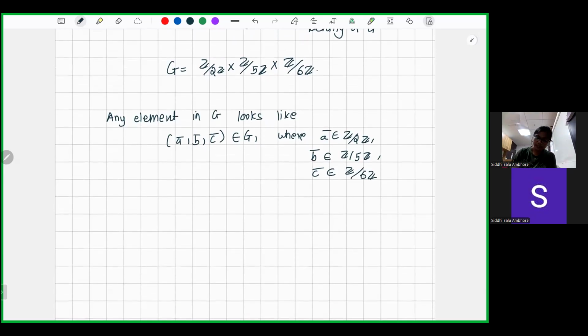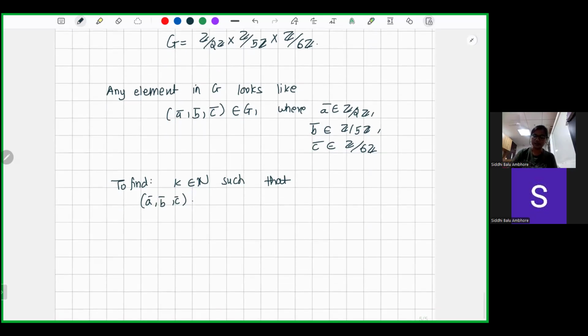We have to find K in N such that (a bar, b bar, c bar) to the power K, which is group addition here since we are in an additive group, gives K a bar, K b bar, K c bar equal to 0, 0, 0.